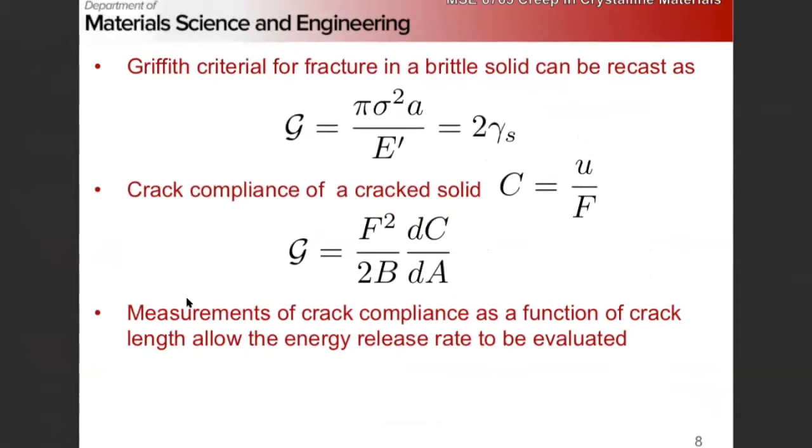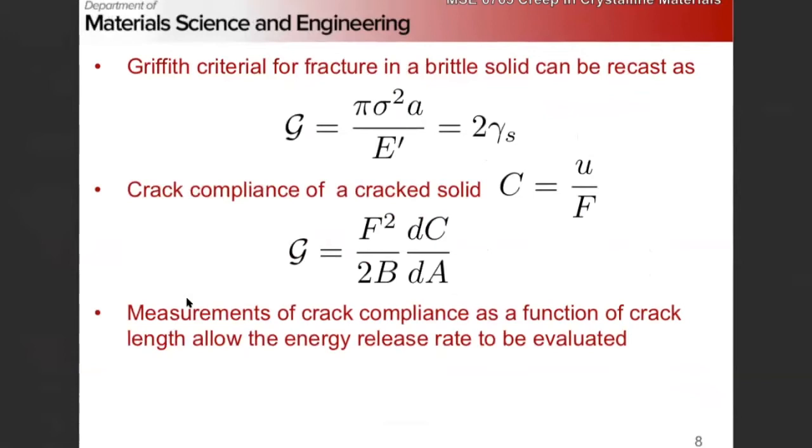Then what people do from an engineering point of view is this crack compliance of a solid with a crack, where we measure displacements as a function of the applied stress, applied load, right? And we can rewrite this Griffith criteria in terms of the crack compliance, right?